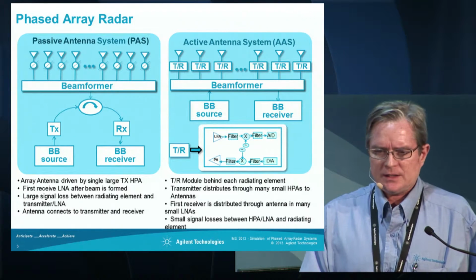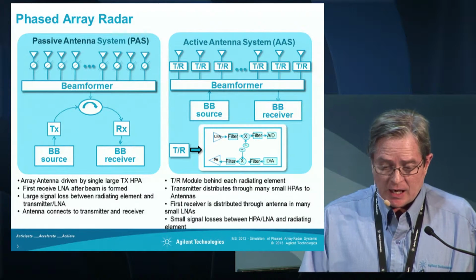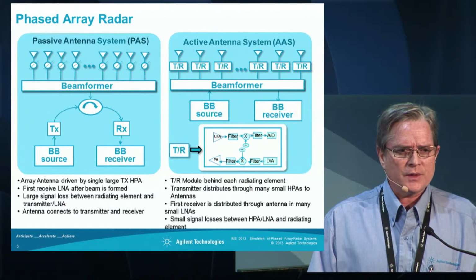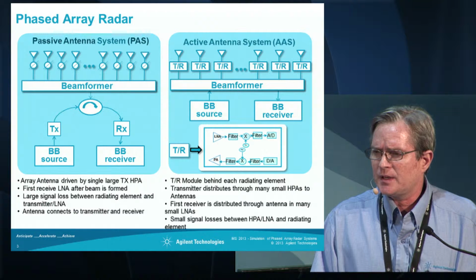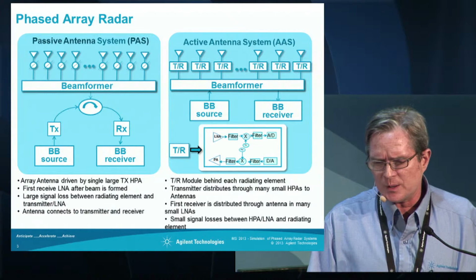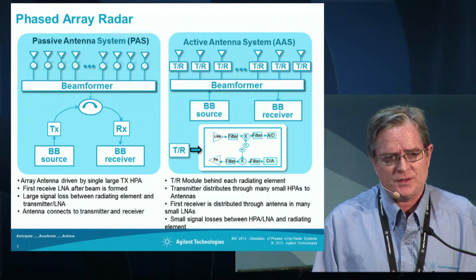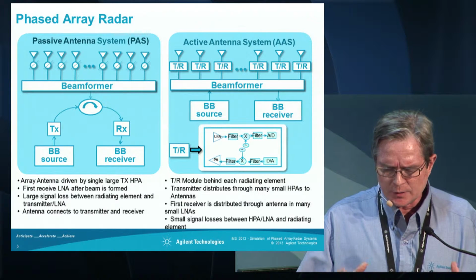Now, if we look at the active antenna system, this has got some nice ideas and nice concepts where we can have a TR module that's very localized and that we have for each particular element. But sometimes when the phased arrays have large number of elements, I mean, we're talking thousands of modules that we need to design for.